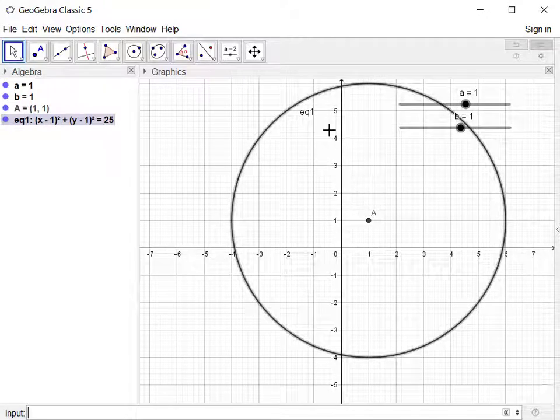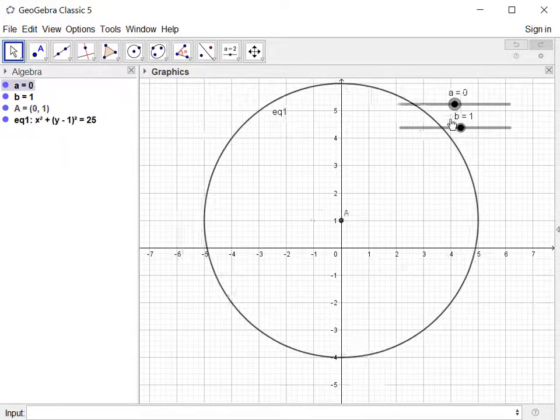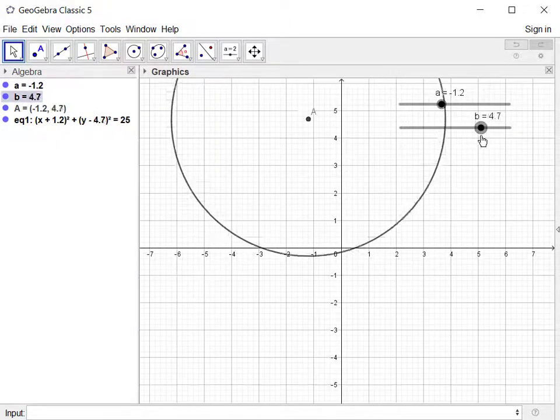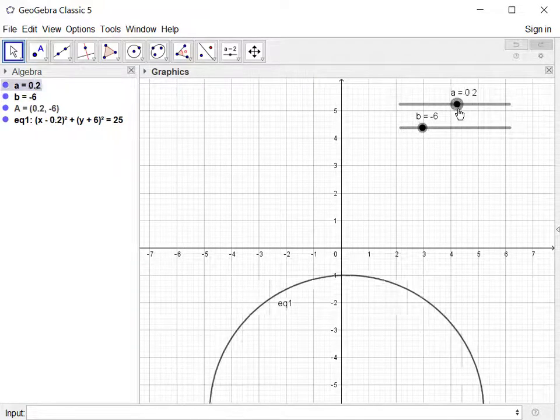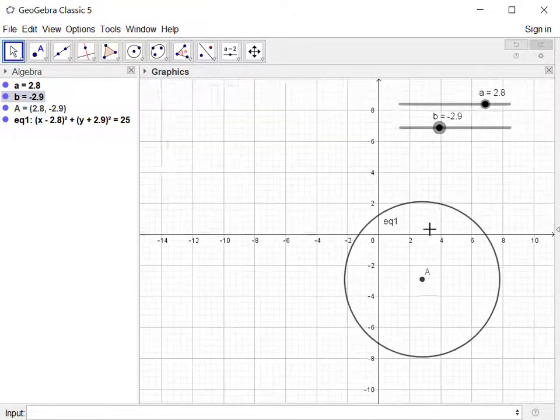All right, and look over here. The a and the b are both 1, and this is x minus 1 squared and y minus 1 squared. And if I slide a and b, it moves back and forth and up and down. Sort of cool. Is this a special property of circles that I can do this?